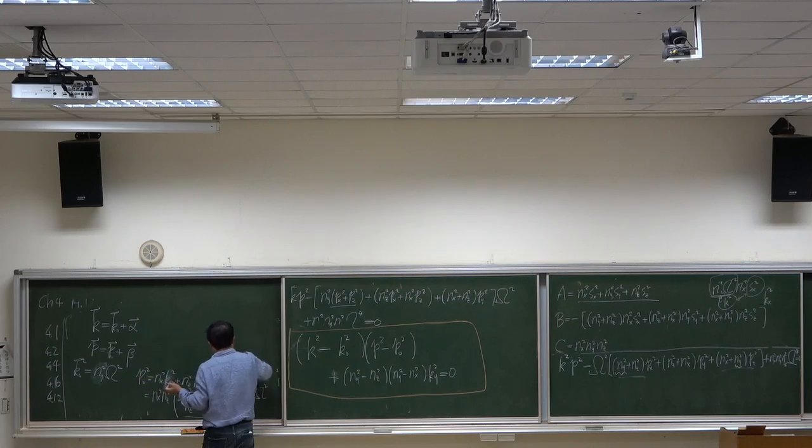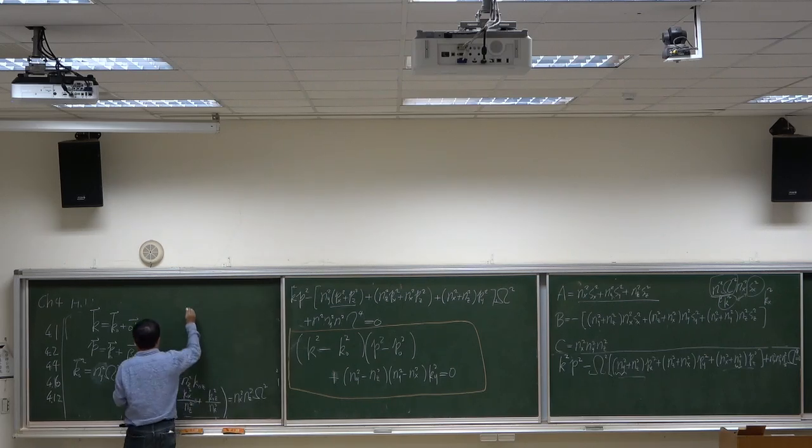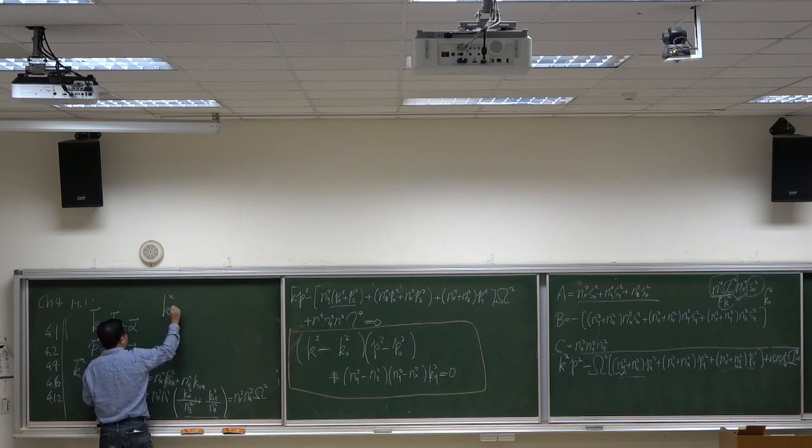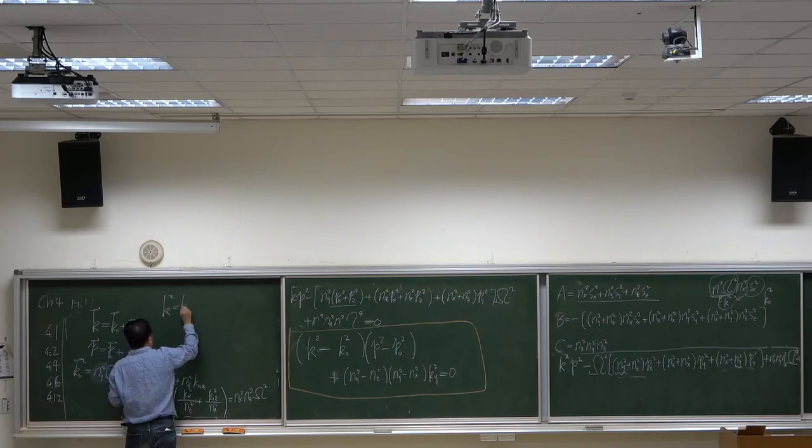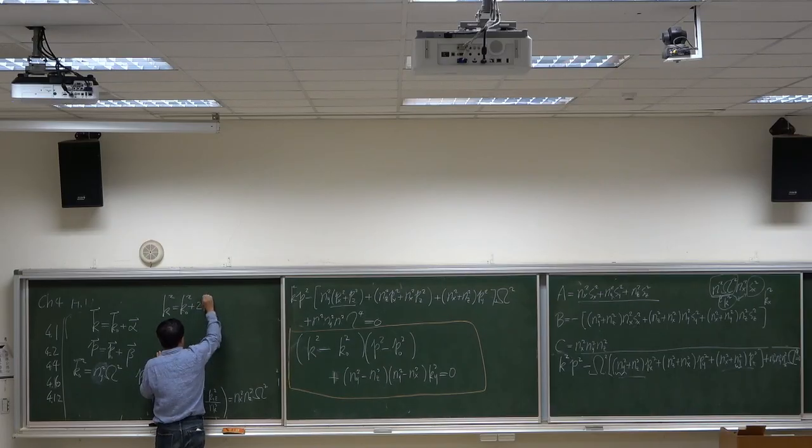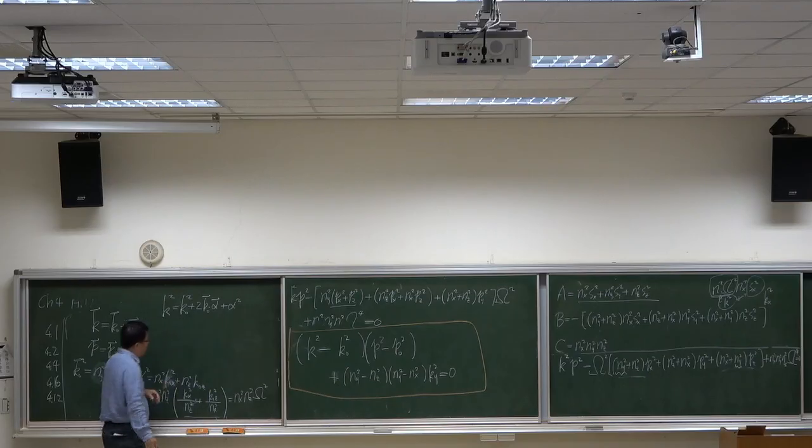setting, then what is k squared? K squared is now equal to k naught squared plus 2k naught dot alpha plus alpha squared. Okay.